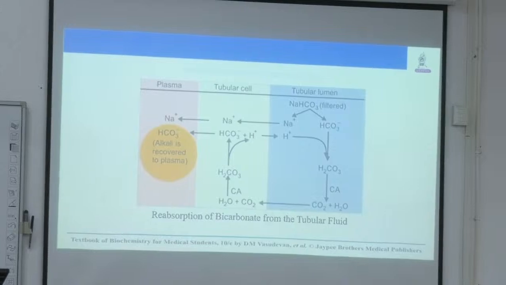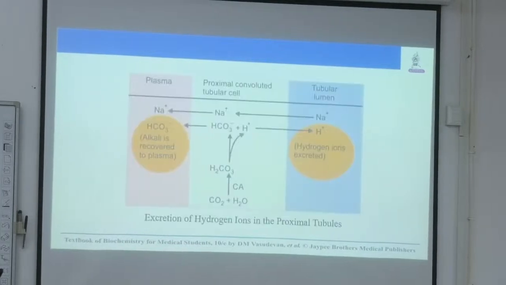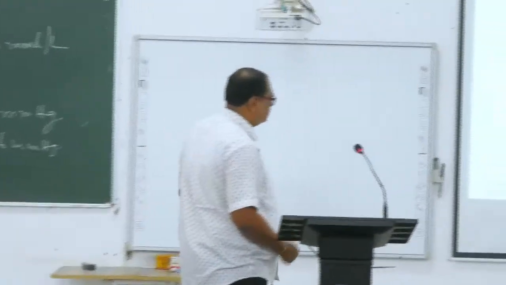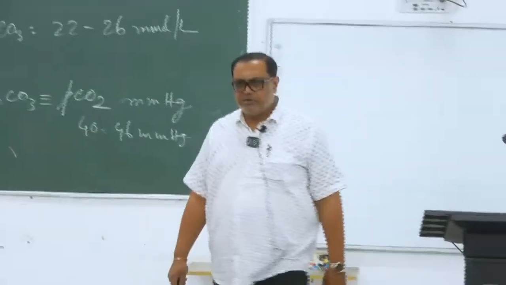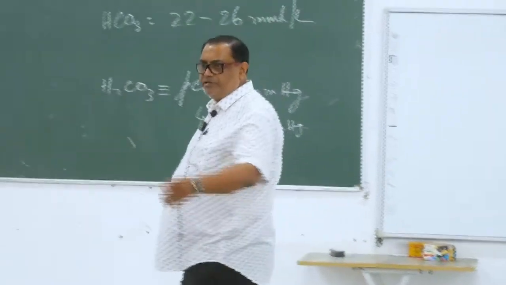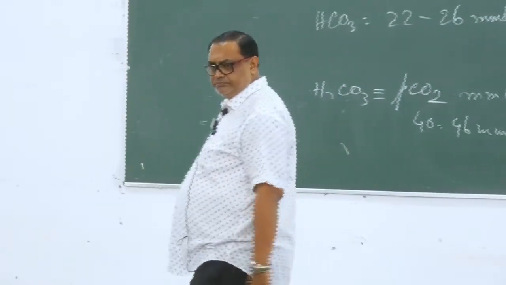What is the difference between these two pictures? Bicarbonate is not entering from the lumen. That's all. Here, the source of bicarbonate is the carbon dioxide present in the lumen. Clear?